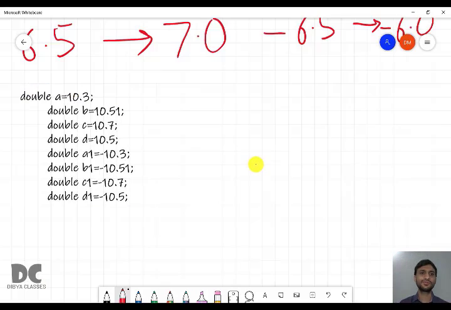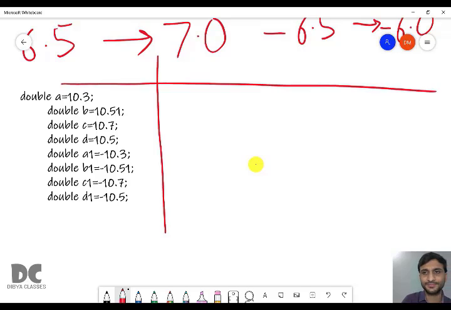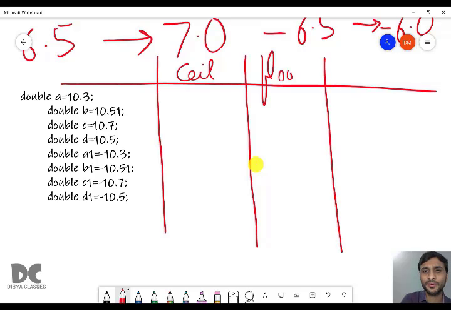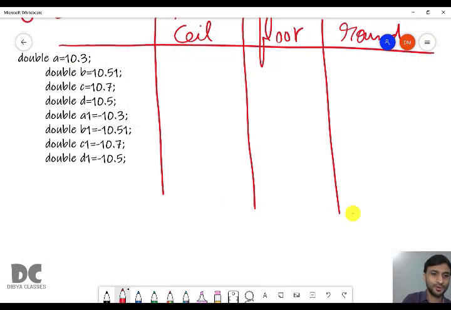Okay, now we'll solve some output questions. So we have these values and we are going to find everything, that is Math.ceil, Math.floor and Math.round for each of these values. 10.3, first one is 10.3.